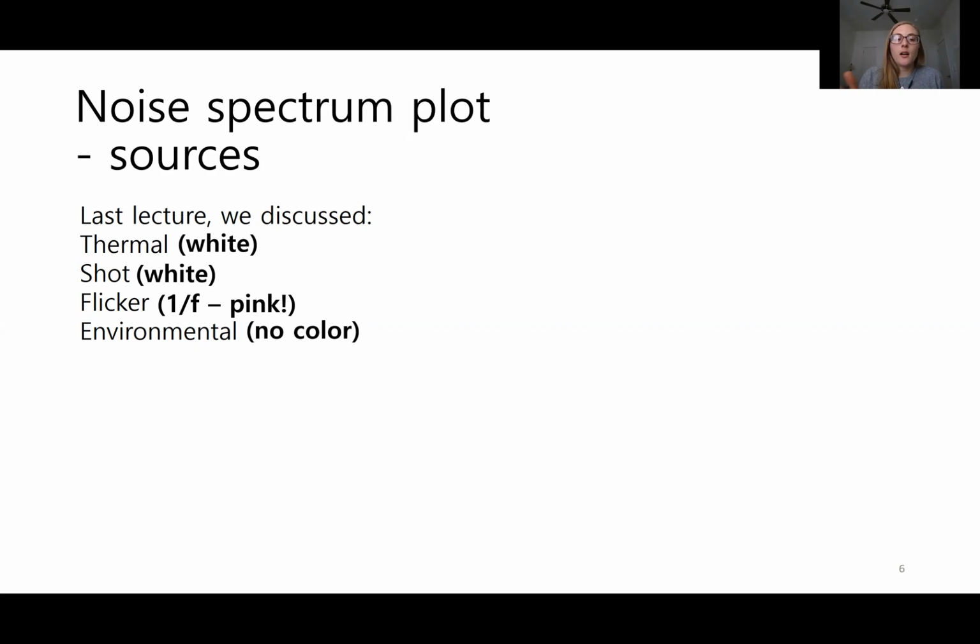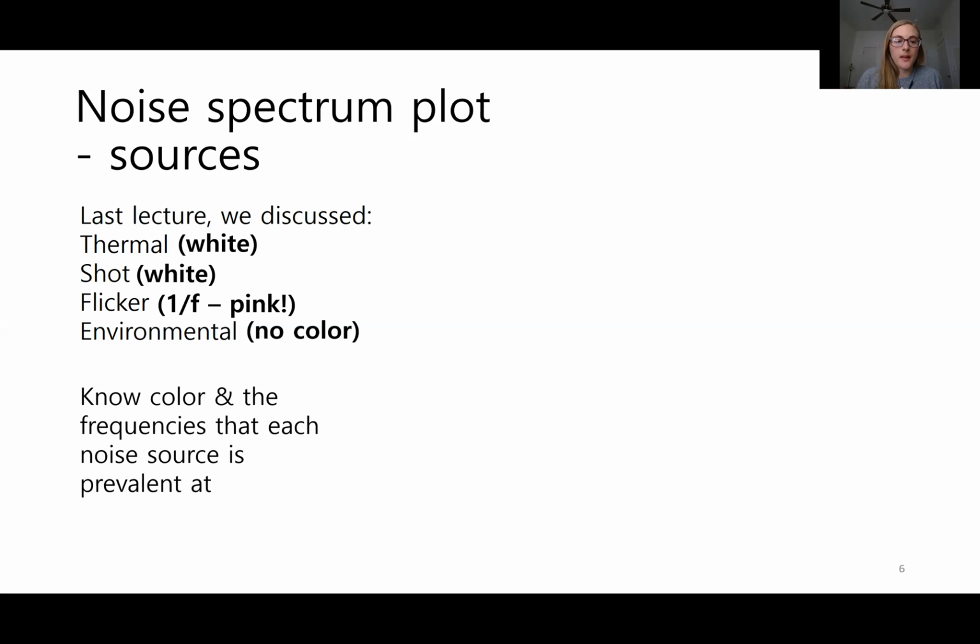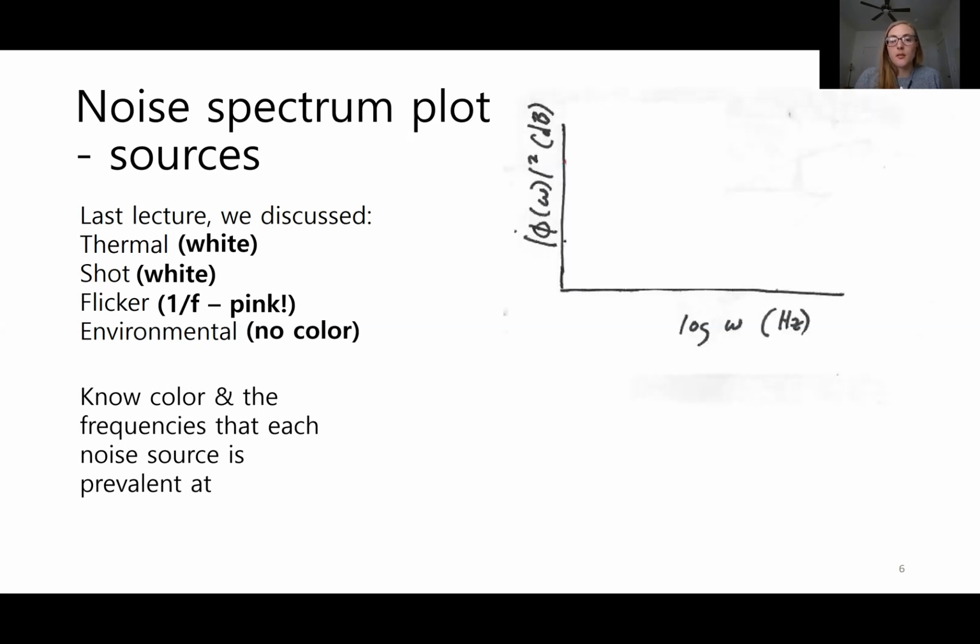So we can draw all of these noise sources on a plot. Just like on the last plot, where we drew based on color, let's draw it based on source now. It's important to know what color each of these noises are and also what frequency they're at. With our axes again, thermal or shot noise would be a flat line, the same as the white noise we drew on the last slide.